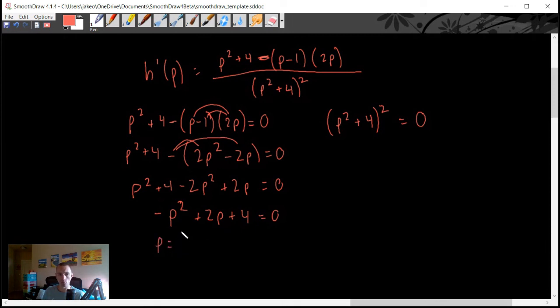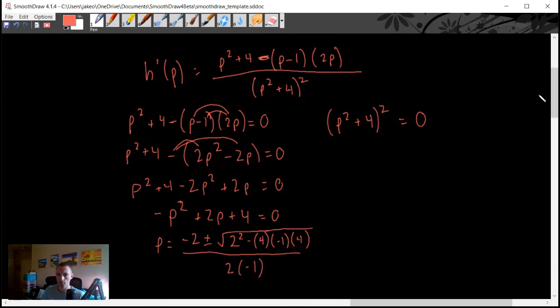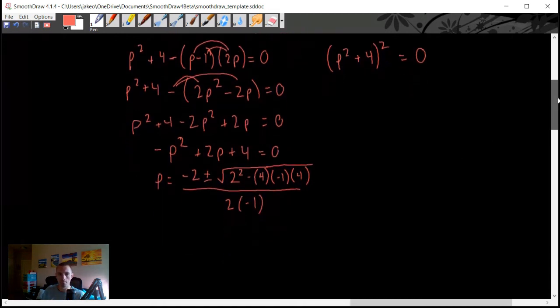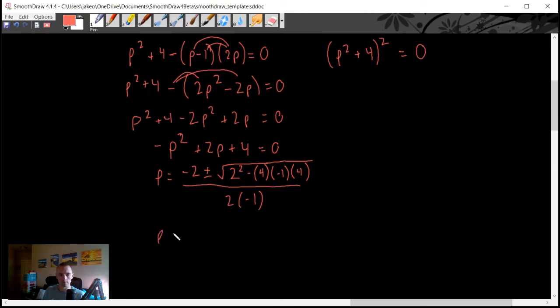So p is going to equal the opposite of lowercase b plus or minus the square root of b squared minus 4ac all over 2a. In this case, a is -1. And then from there, we would want to basically solve that out.